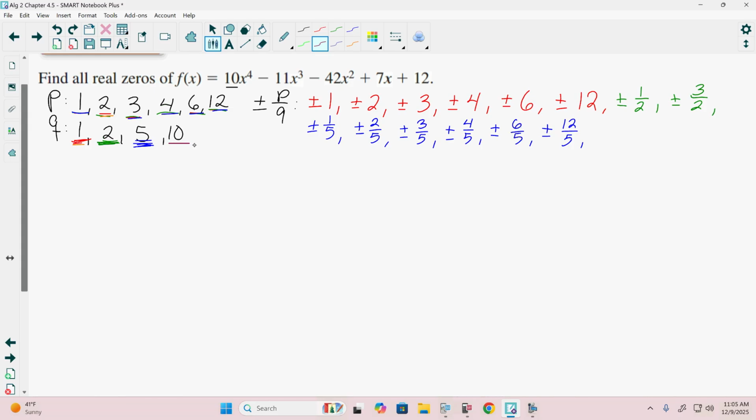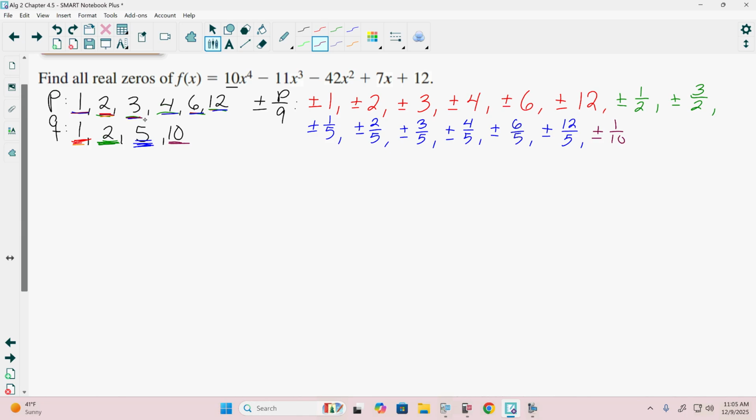And last but not least, we need to do this also with 10. Now, 1 over 10 is going to be there because 1 and 10 aren't going to reduce. 1's always going to be listed in the top number every single time. But now we can move on to the next one, which would be 2 over 10. Well, that's going to be 1/5. We already had it listed.